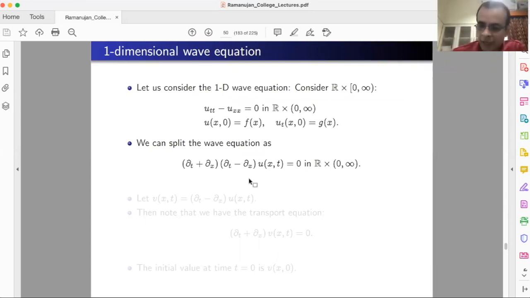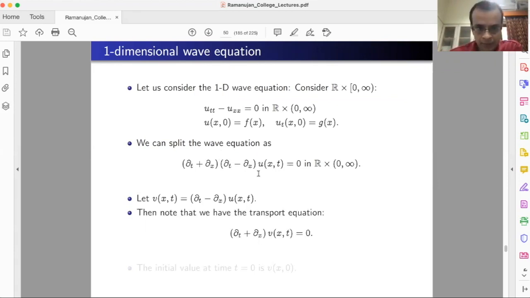Okay, so now what we do is we specify this d_t minus d_x u as a new function. Let me call it v of x, t. So when I specify that to be v of x, t, then in this part over here, I substitute v of x, t, and then I get d_t plus d_x of v of x, t is equal to 0.